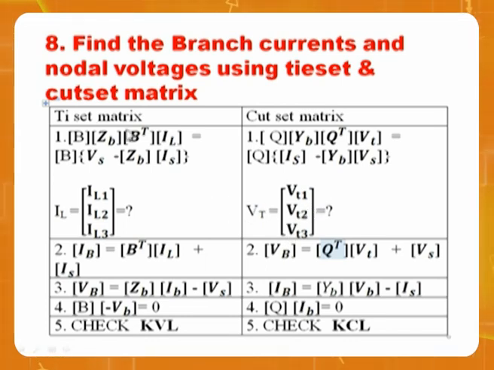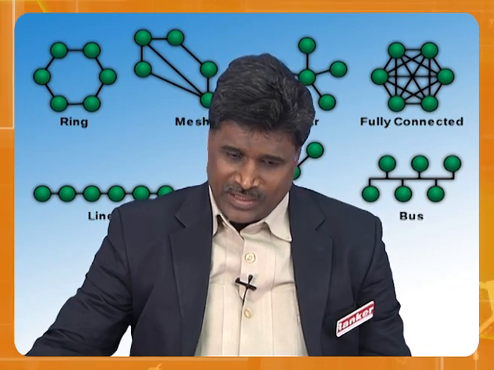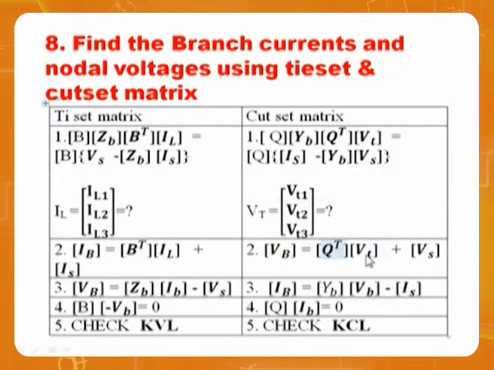That's why I say tie-set is like loop current and mesh analysis. Cut set is nodal analysis. Having got VT, substitute here to get VB. Having got VB, substitute here to get IB. That's why loop currents will give branch currents, branch voltage. 3 voltages will give branch voltage and then branch current.